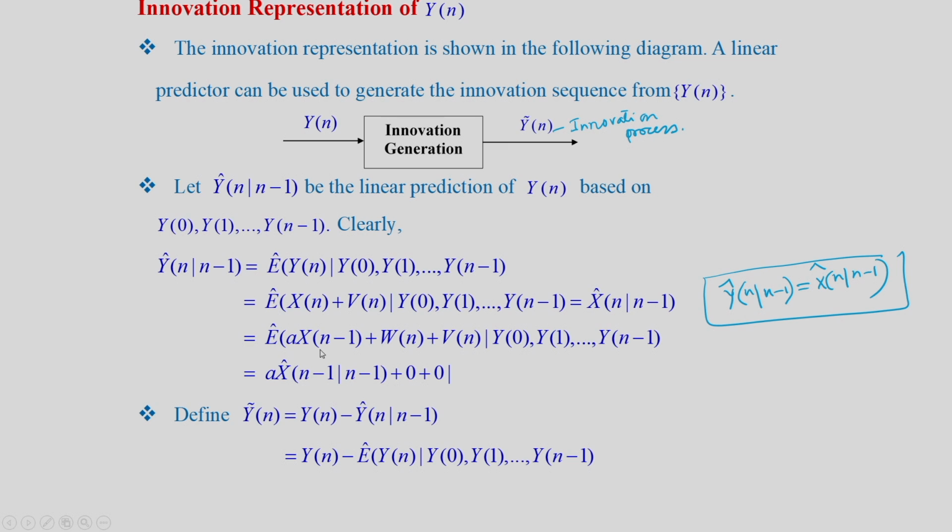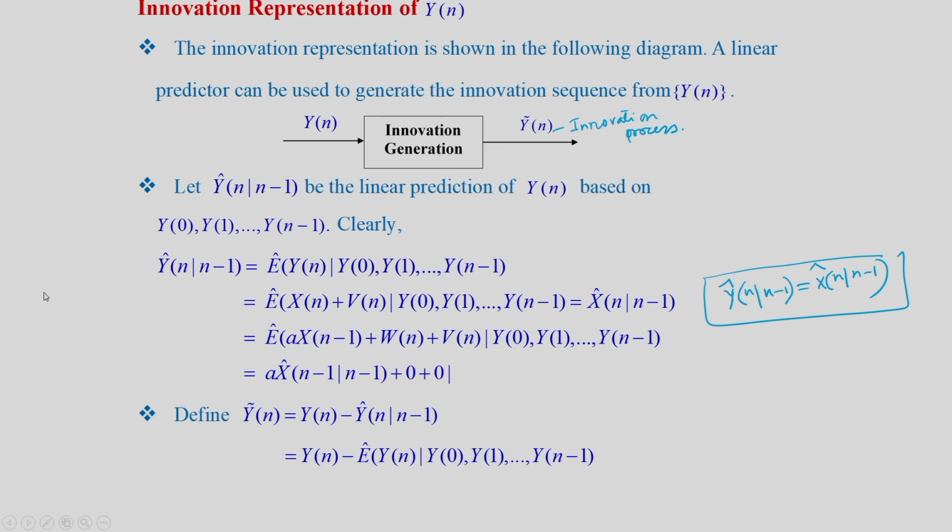This quantity involves the estimator of x of n minus 1 given all data up to n minus 1, plus the white noise terms, which will be 0 and 0.